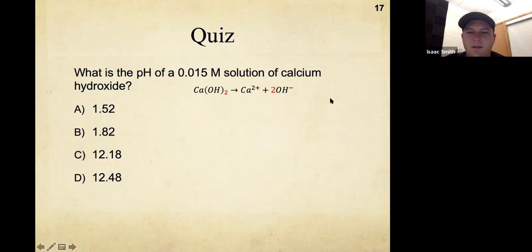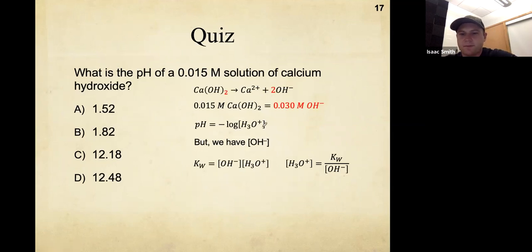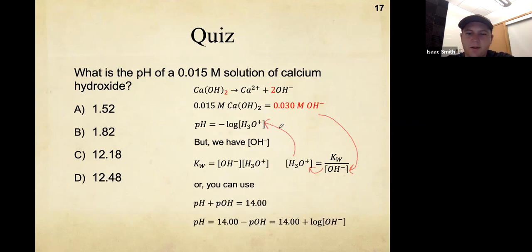Let me have the PowerPoint show it a little cleaner. So again, solving for the OH minus concentration using the stoichiometry here, we can then plug OH into this equation here, which spits out the hydronium concentration, which we can then pop into the pH equation and get the answer.